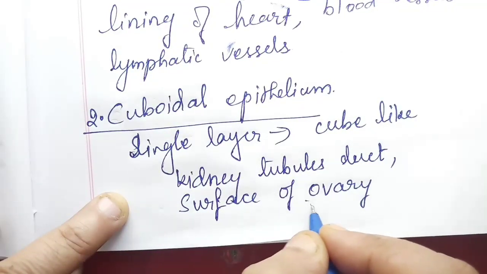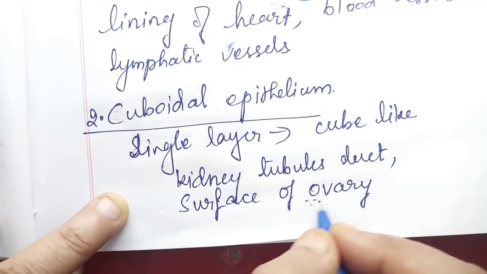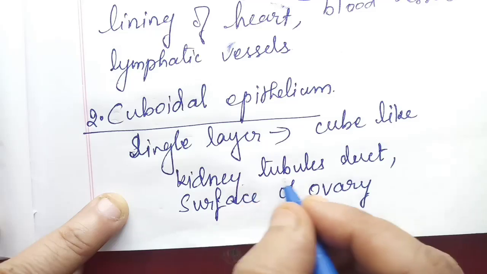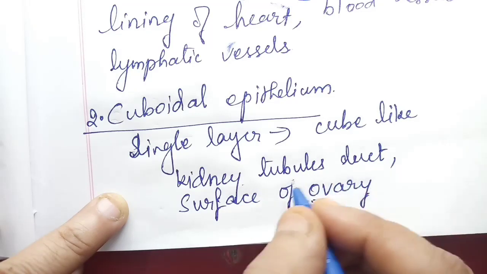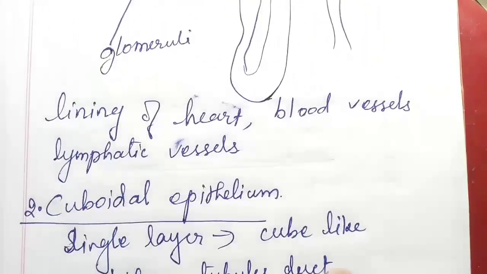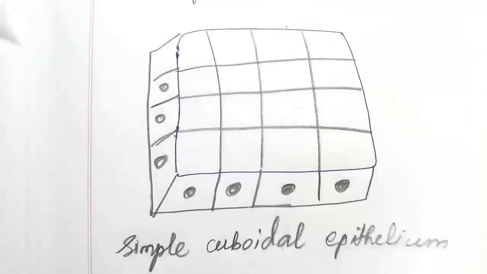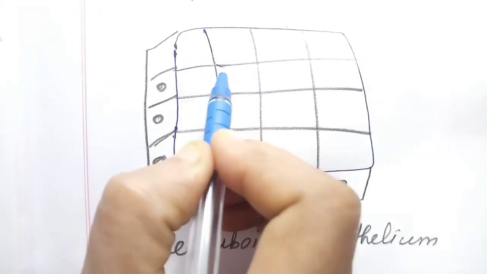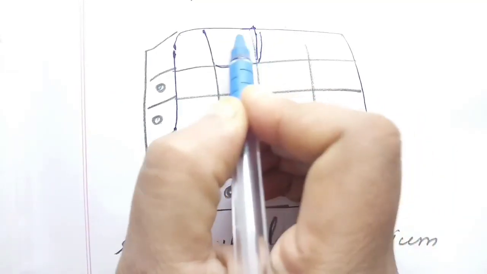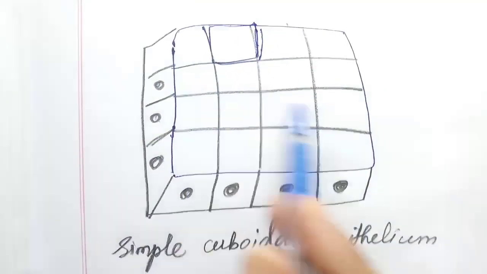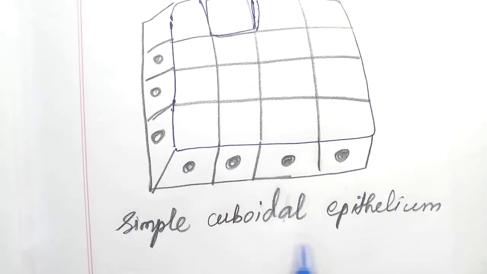This is the female reproductive part, the ovary, where the ovum is produced. So, in this region and the kidney tubules duct you can see cuboidal epithelium. The cells are cube like. See this picture, these are cube in nature. This is the structure of cuboidal epithelium.